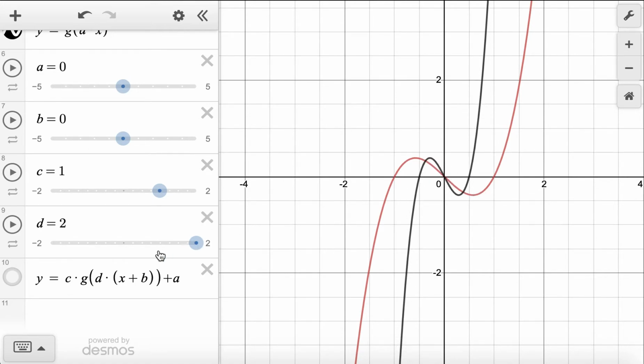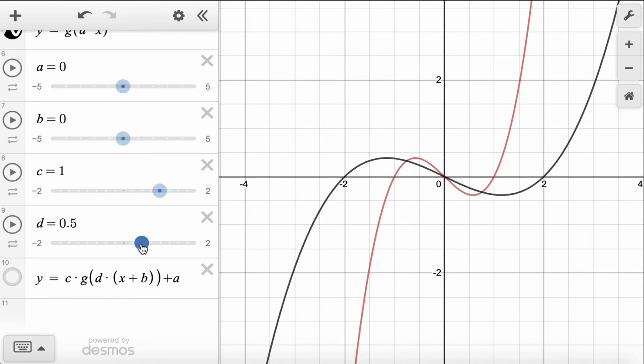It's a horizontal shrink. Multiplying by 1, of course, doesn't change anything. Multiplying by something less than 1, or between 0 and 1, causes a horizontal stretch.